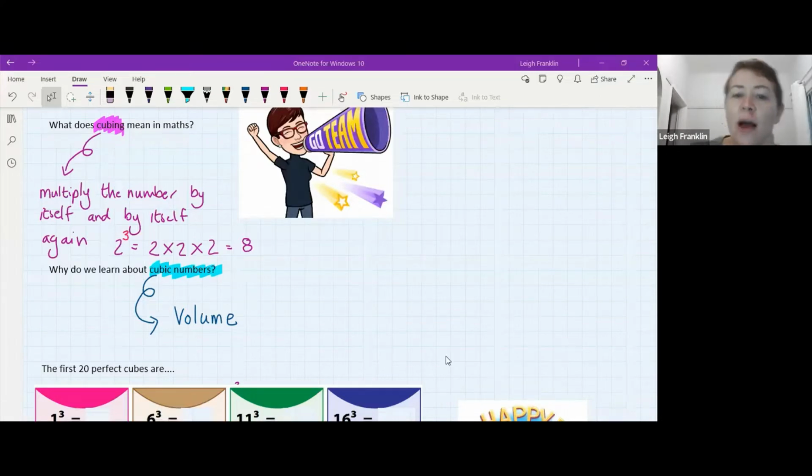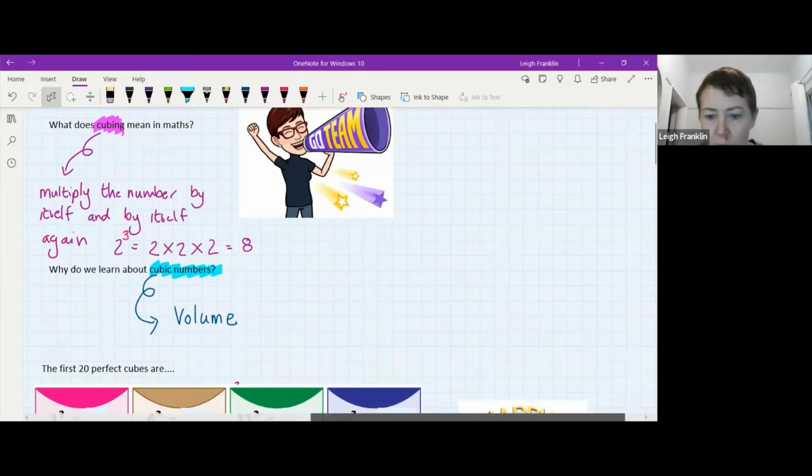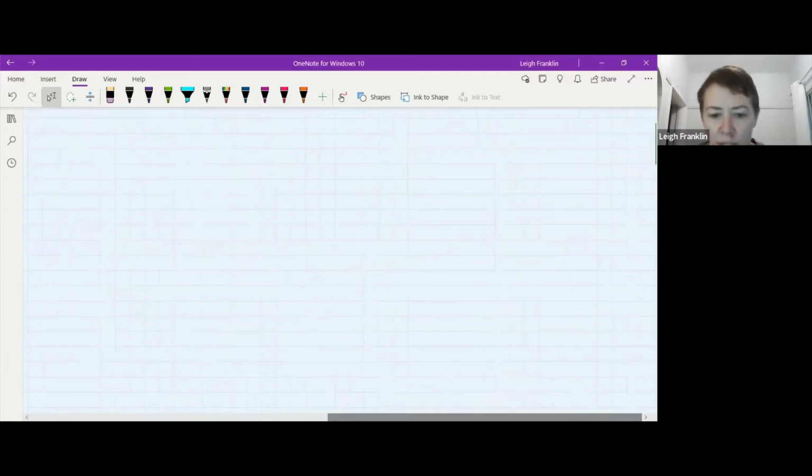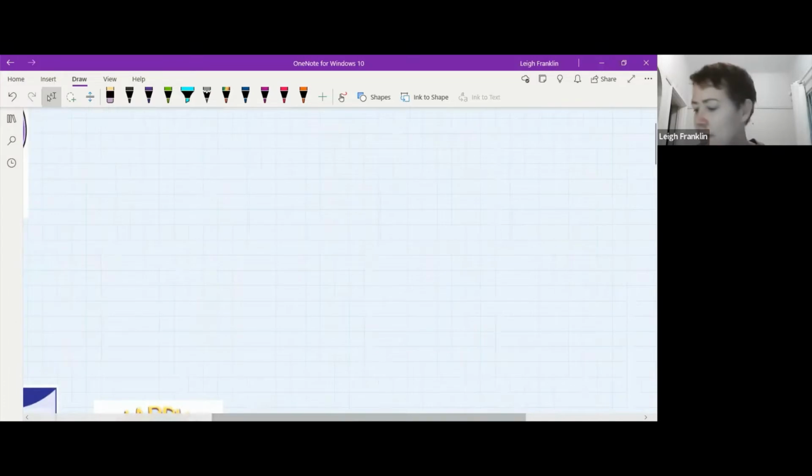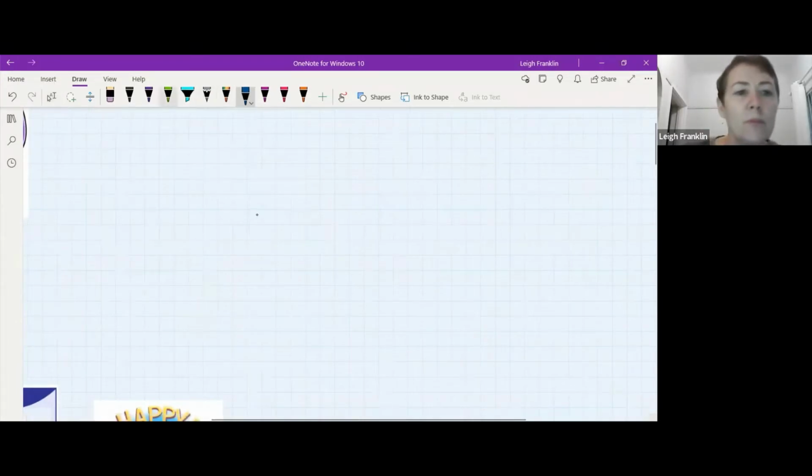Okay, so if you haven't done volume, it's really not the end of the world. But when we work volume out at school, perhaps what they might ask us to do, and I'm just going off over to the side over here, is volume is calculated by multiplying the length by the breadth by the height of something.